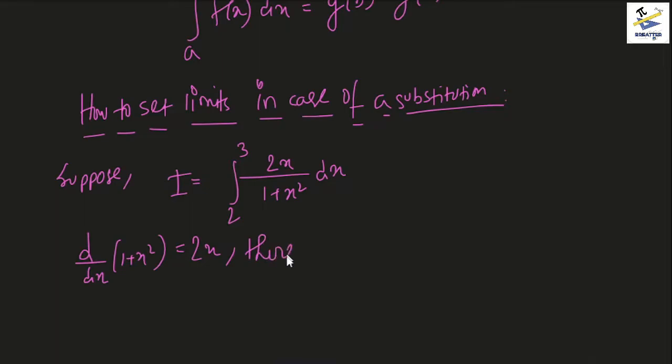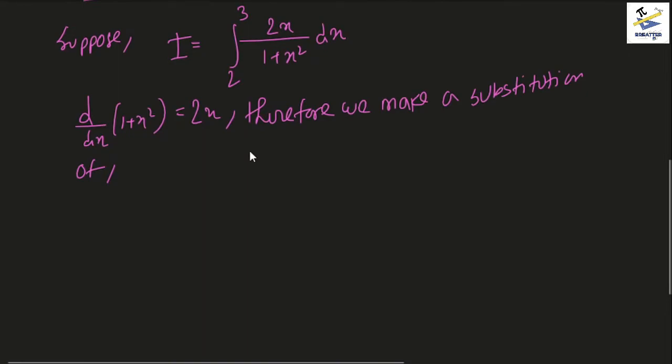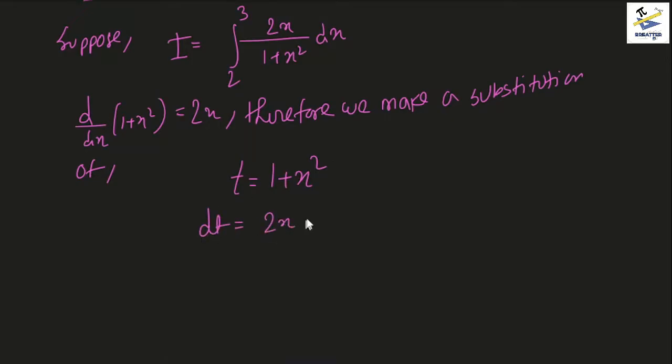Therefore the substitution would be t equals 1 plus x square, okay? Then dt would be 2x dx.